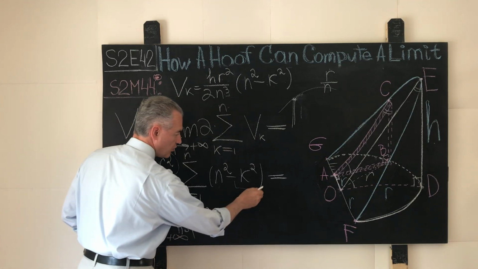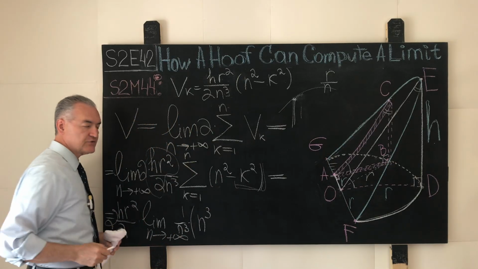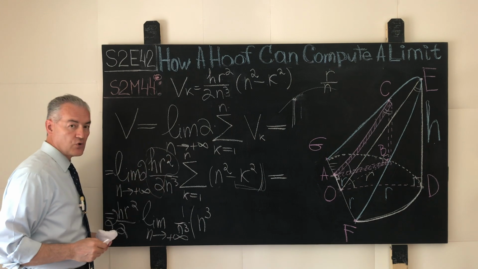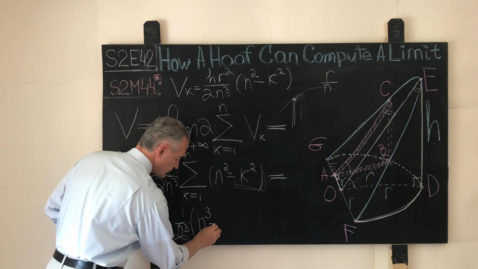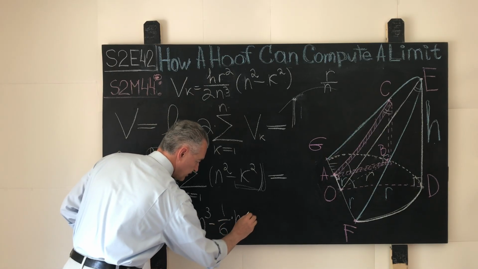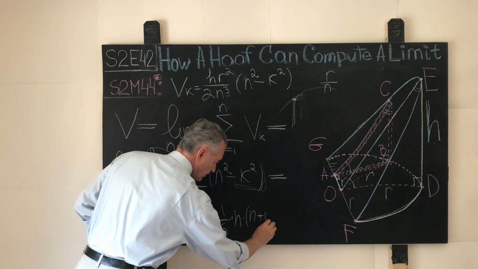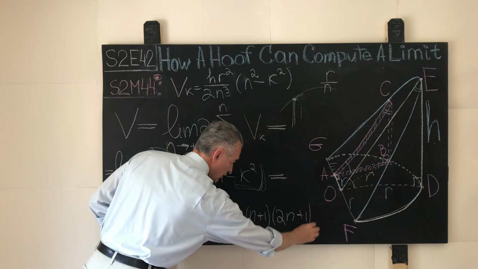And what is the sum of the first n consecutive squares of first n consecutive positive whole numbers? Well, we did it in our previous segments. We remember this formula. This is 1/6 times n plus 1 times 2n plus 1.